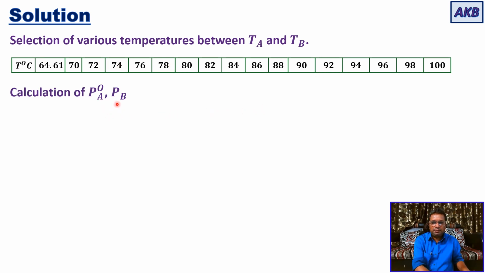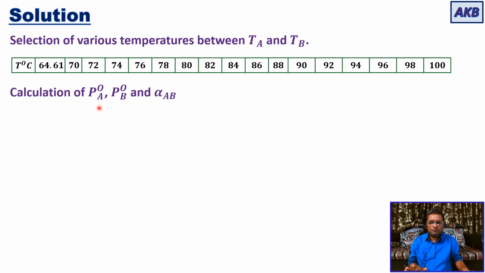Then at each of these temperatures I will be calculating three parameters. One is the vapor pressure of A, then the vapor pressure of B, and the relative volatility.